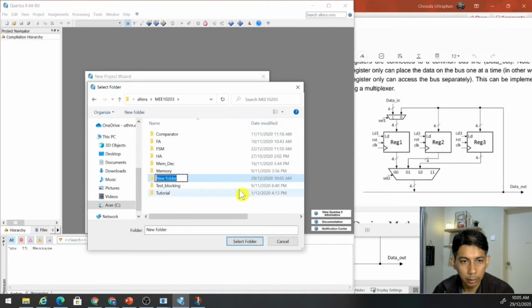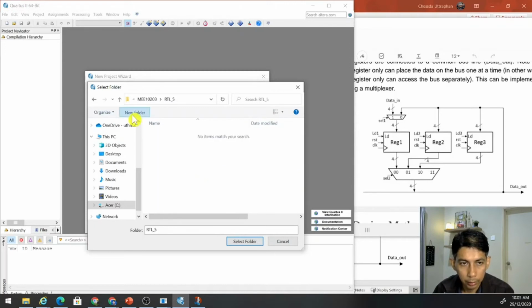This is RTL chapter 5. So this one we call it data path unit, for example 5.1.